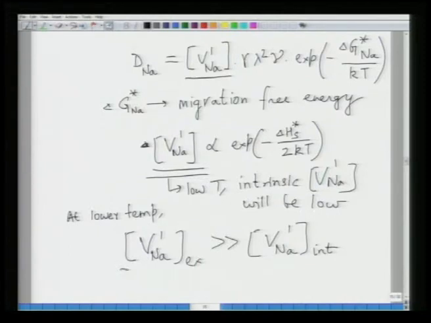Now, is this extrinsic concentration temperature dependent? It is not, because it is solely dependent upon the concentration of the impurity.